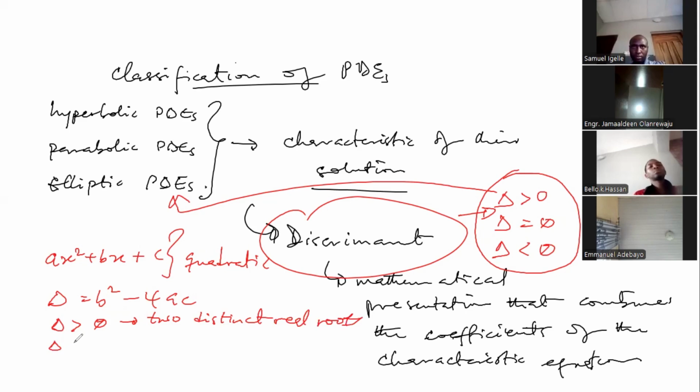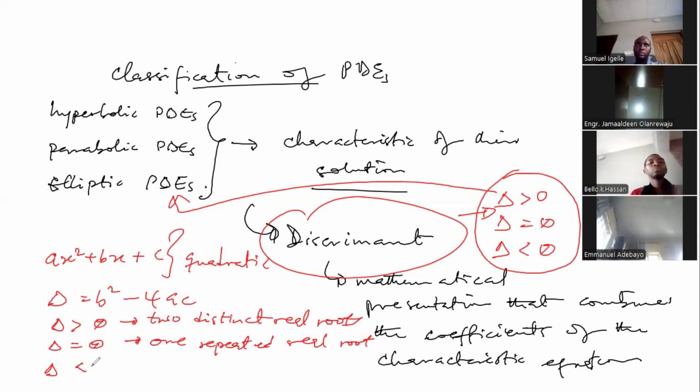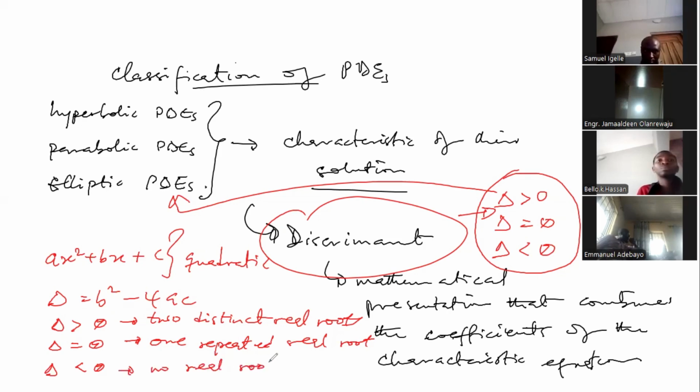What if the discriminant is equal to 0? Then this quadratic function will have one repeated real root. What if this discriminant is less than 0? Then this particular quadratic function will have no real roots, largely because it has two complex conjugate roots.